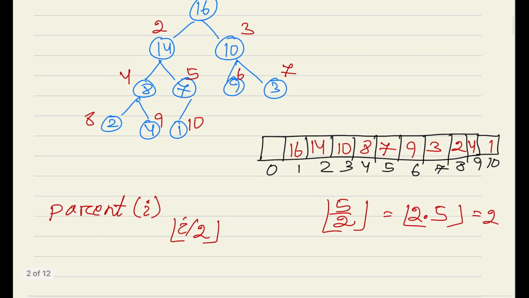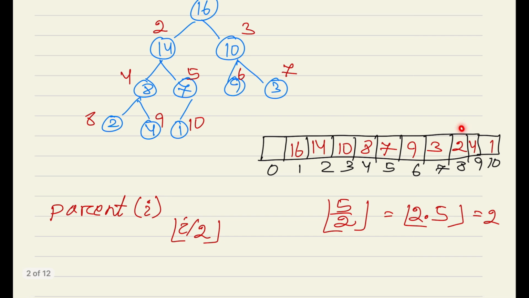Similarly we can take another one. Suppose I want to find the parent of 2. The index of 2 is 8. So 8 by 2 floor is equal to 4.